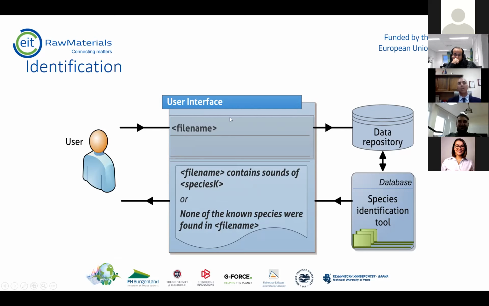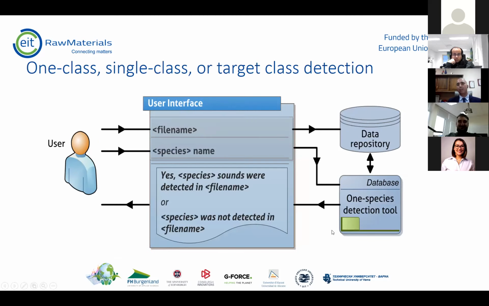That means in your recording, you have species that the computer doesn't know. But in this case, a computer has a number of models and has to select one model or none of them. In the previous case, you have just one model of the target.